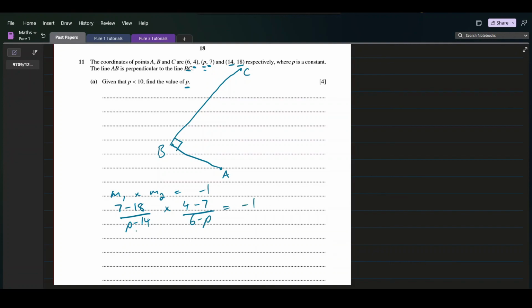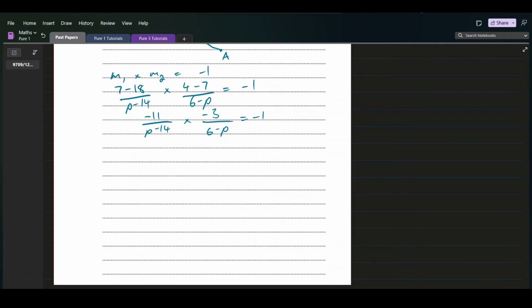So 7 minus 18, that's minus 11 over p minus 14, times 4 minus 7, that's minus 3 over 6 minus p, is equal to -1. Minus 11 times minus 3 gives us 33, all over (p minus 14) times (6 minus p), is equal to -1.